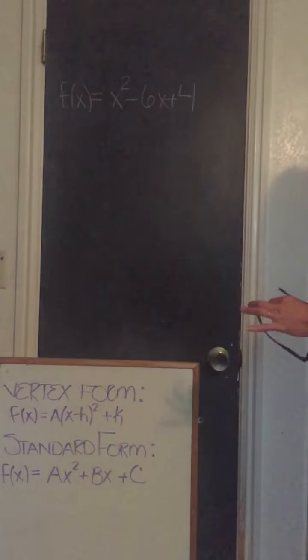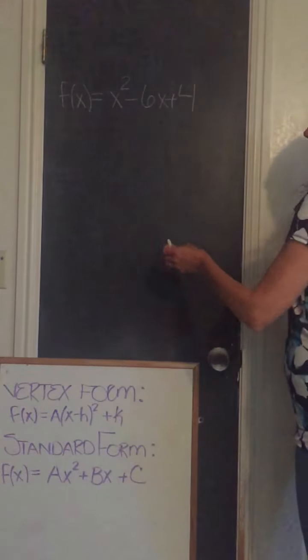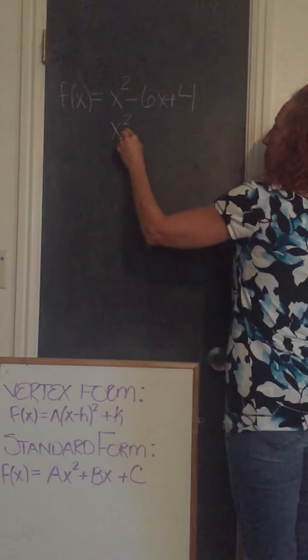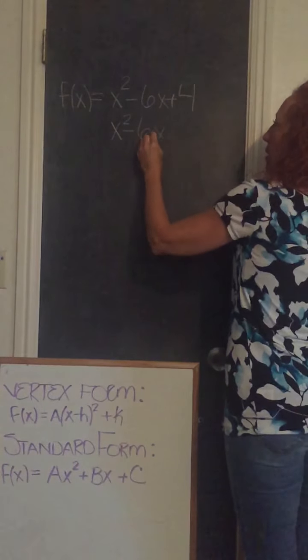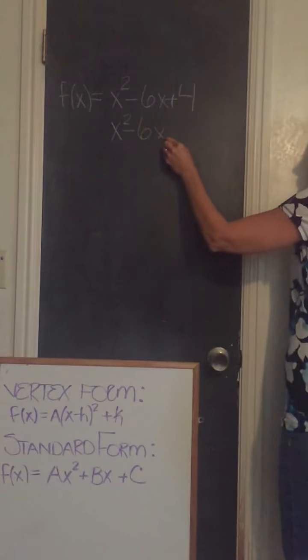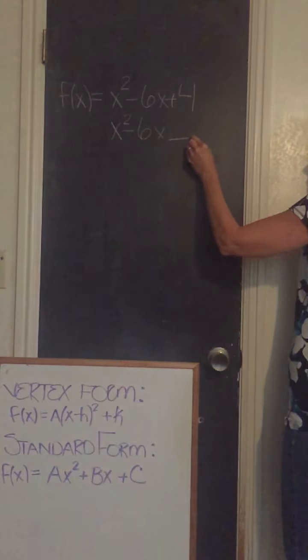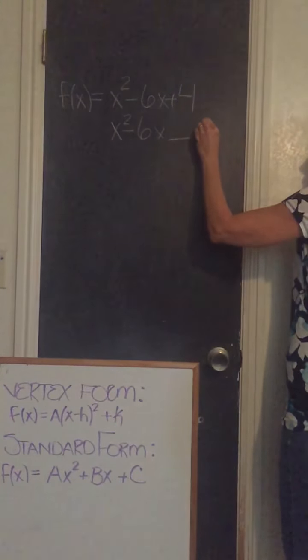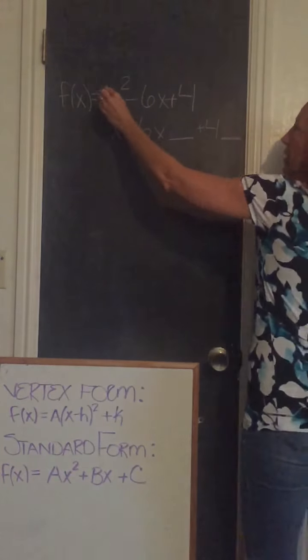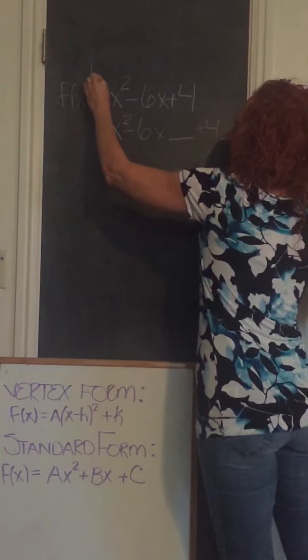Here are the steps. The first thing you're going to do, just like when we completed the square, this is a 1. Right now I'm going to have us put one blank spot here, plus 4, and put a blank spot back here. Notice my equal sign is there.